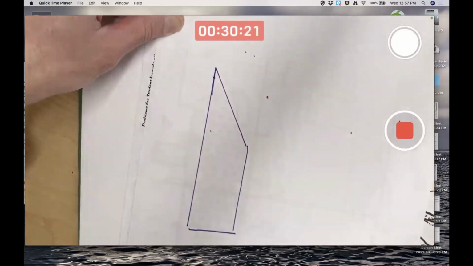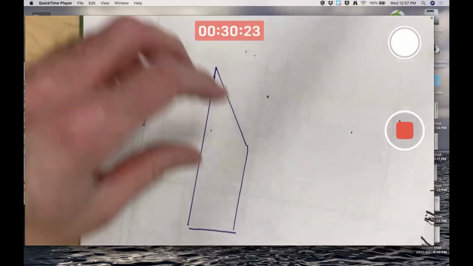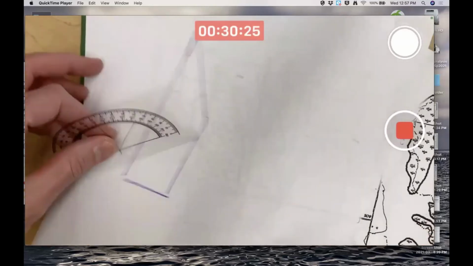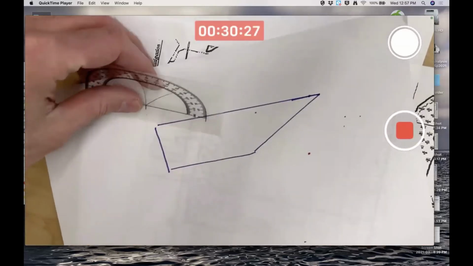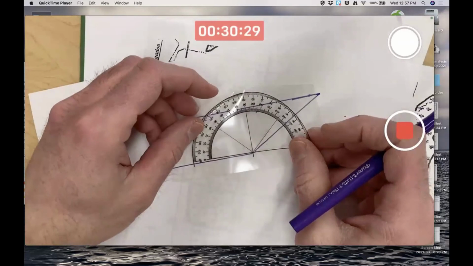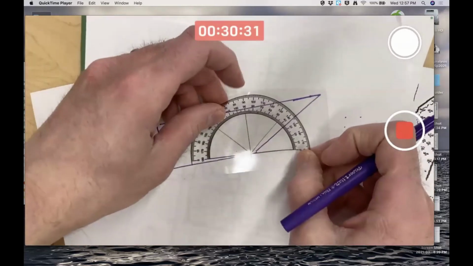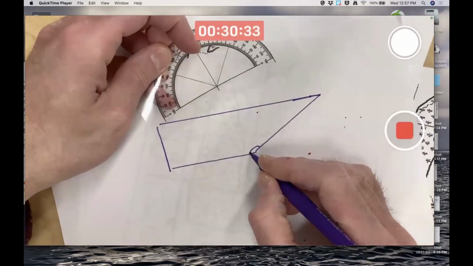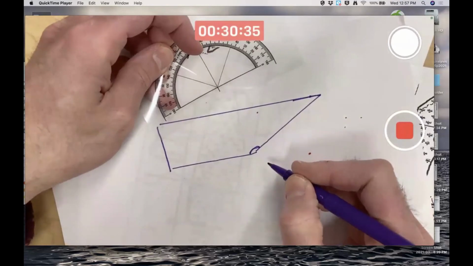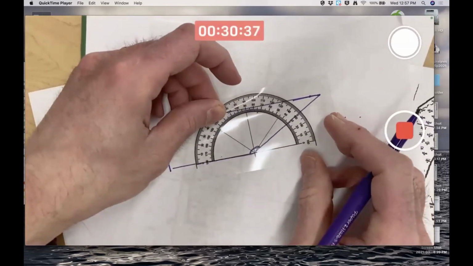So draw the trapezoid, and I want you to find somebody with a protractor and measure this angle right here. It's going to be bigger than 180 degrees.